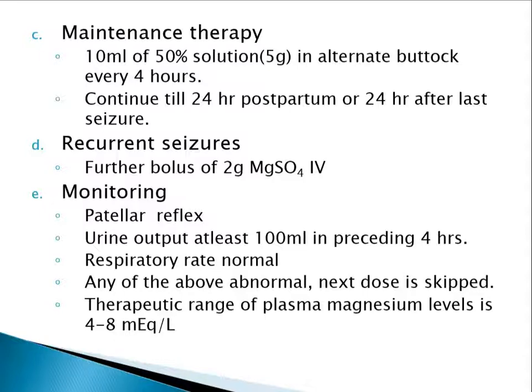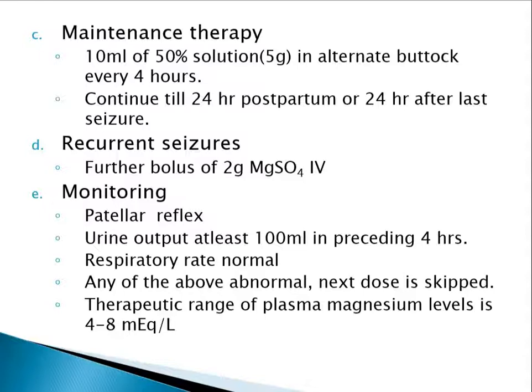If it is less than that, do not give magnesium sulfate because this is toxic to the kidneys. Then respiratory rate becomes reduced if toxicity is there. So respiratory rate should be normal. So all these three, urine output, respiratory rate, patellar reflex, you note down before giving the next dose of intramuscular magnesium sulfate. If any one of them is abnormal, you skip the dose.